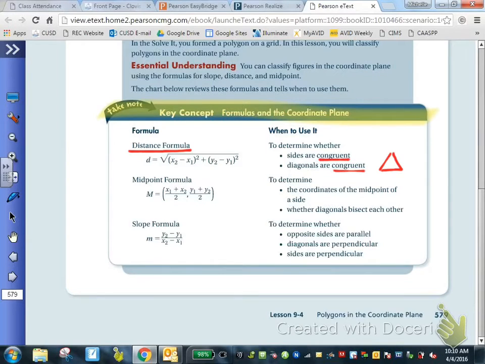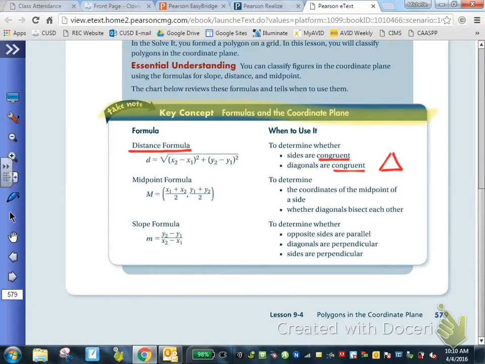Equilateral means all sides are equal, and I want you to prove it. Any ideas of what you might have to do? The distance formula. So Jen says do the distance formula on which side? All of them, and they should all come out to the same length. And that proves that that's an equilateral triangle. Does that make sense? Okay.